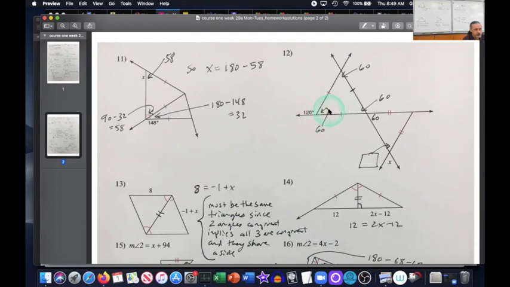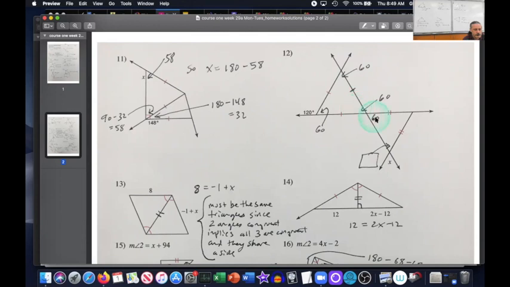And since that's 60, then the other two have to be 60, because when you divide what's left from the 180 by 2, 180 minus 60 is 120. 120 divided by 2 is 60. So this is actually an equilateral triangle based upon what happened when you got the interior angles.